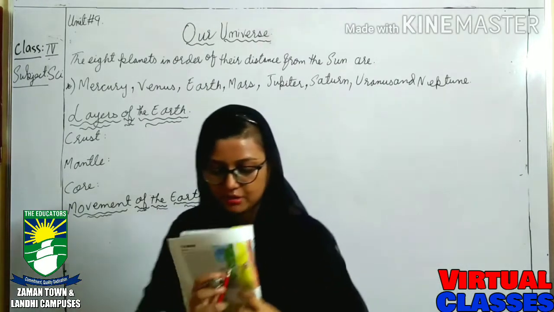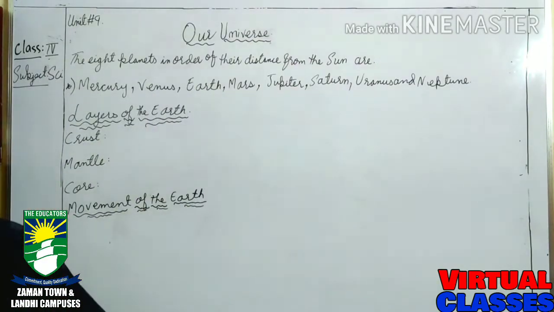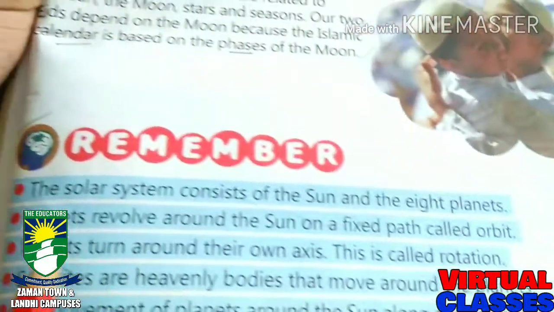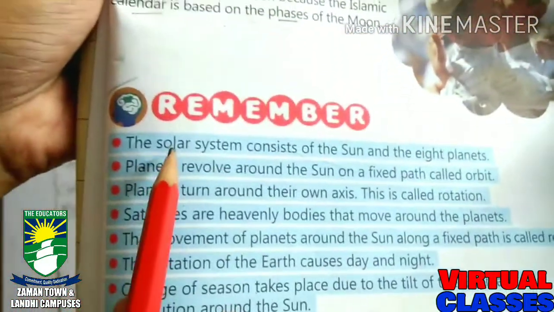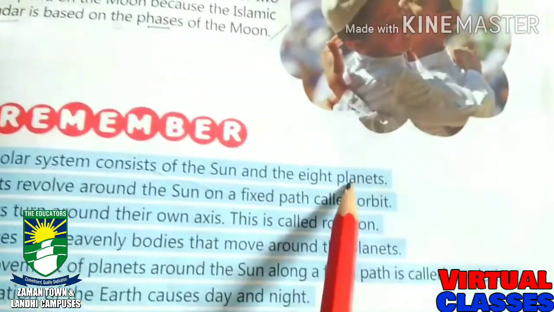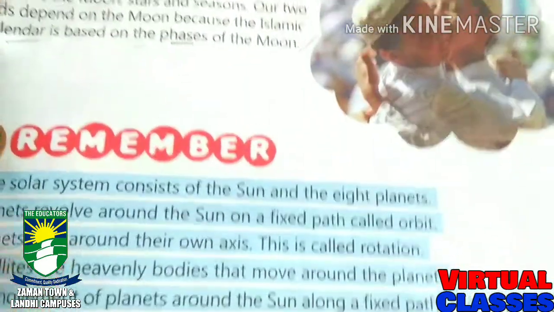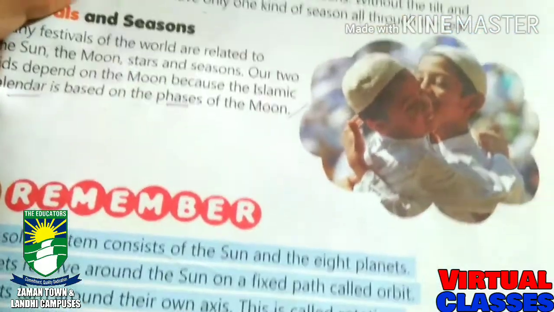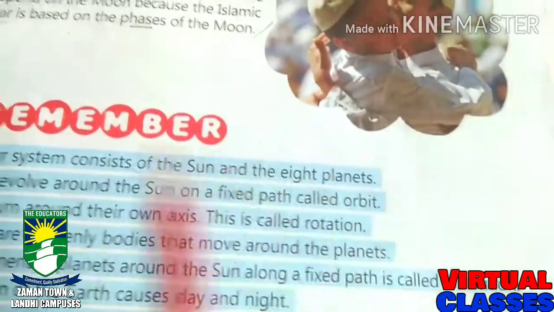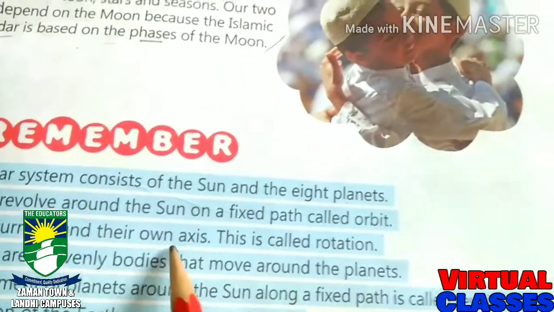So, come on, remember. The solar system consists of the sun and the 8 planets. Planets revolve around the sun on a fixed path called orbit. Planets turn around their own axis.